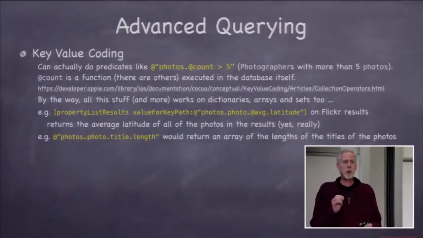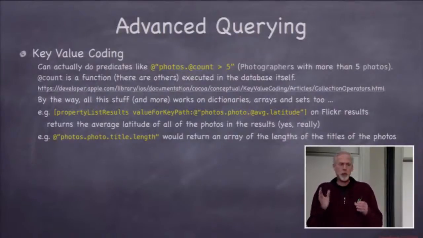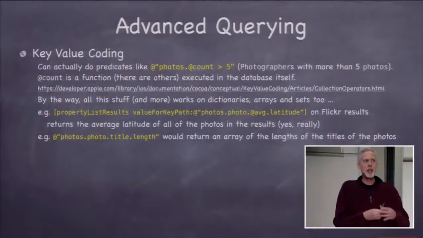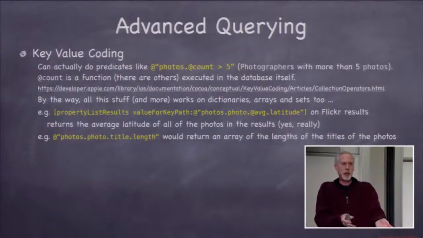And one of the functions, which you probably will need for your homework, so pay attention, is @count. So if you put @count in the thing you're querying for, as long as the thing to the left of it is an array or a set, one of these NSSets, then it will replace that with the count of how many things are in that set.